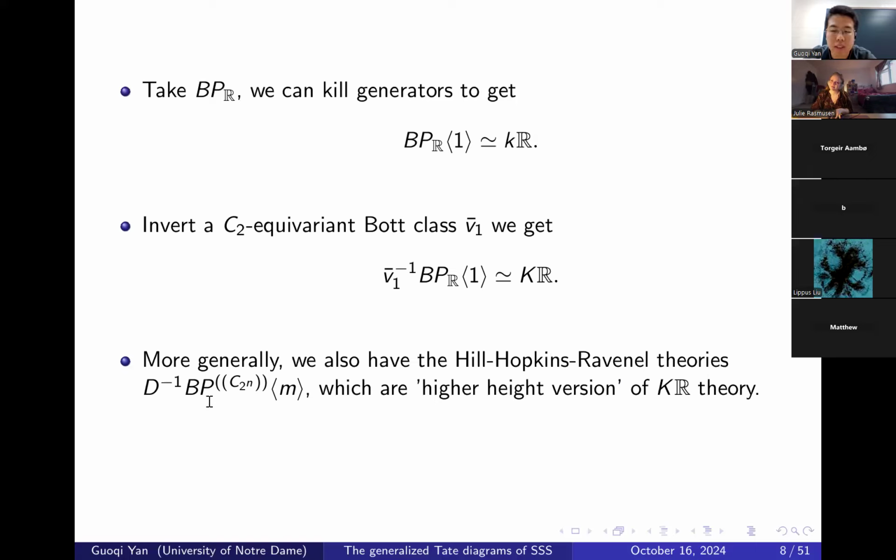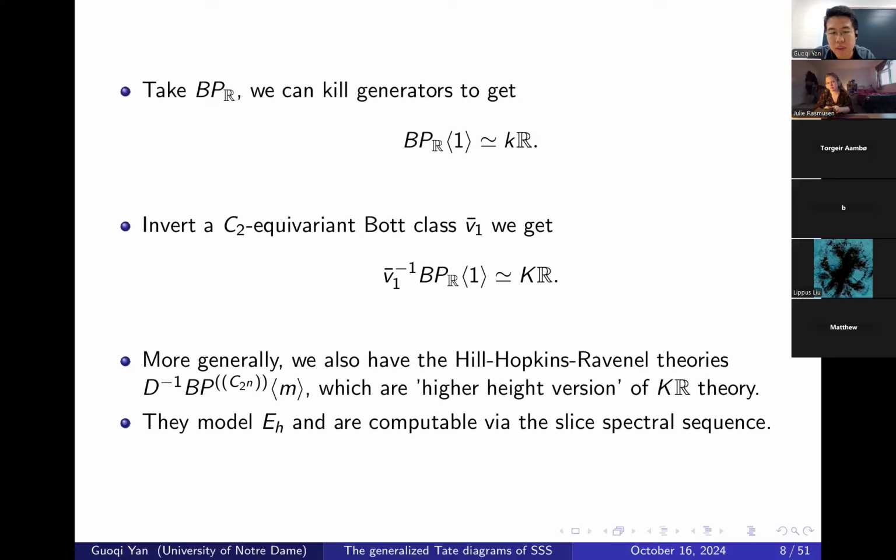We get this Hopkins-Ravenel theory. So these are the higher height analog of K-theory. And so they model the Morava E-theories. And the advantage of these theories is that we have the equivariant slice spectral sequence, which is computationally more accessible.